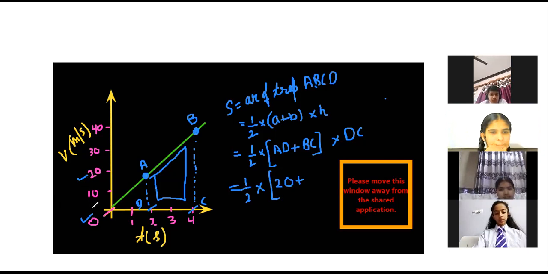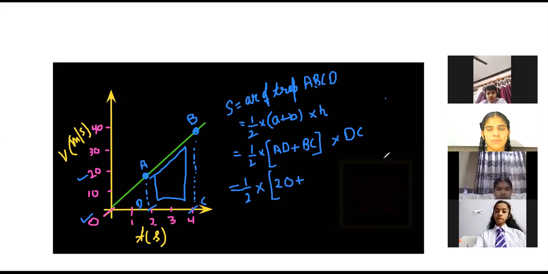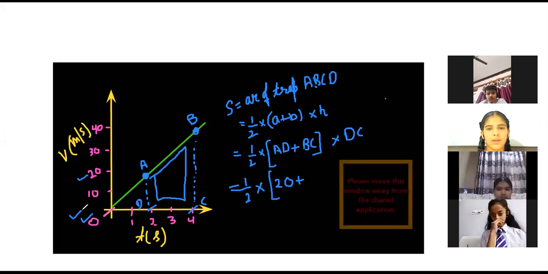Jasmeet, is it clear? Okay. So BC starts from 0 and goes till 40. So 40 minus 0 is 40.